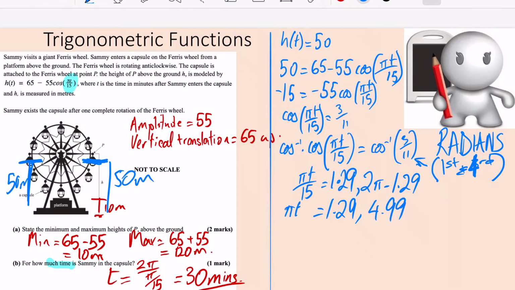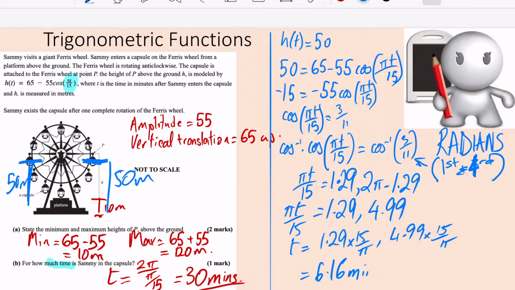Now that's pi t on 15. To work out what t is equal to, I multiply both of these by 15 on pi, and the answers are 6.16 minutes and 23.83 minutes. And that's your final answer.